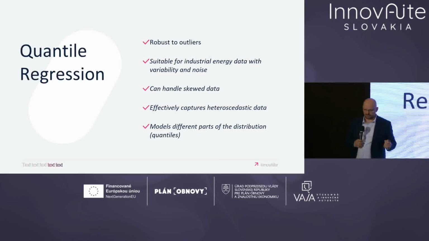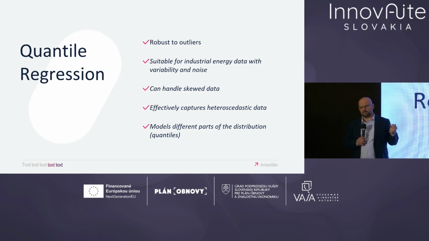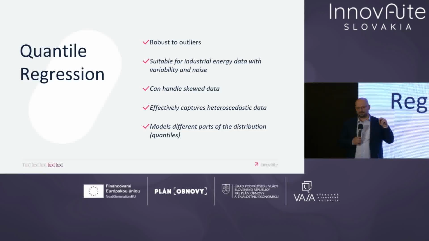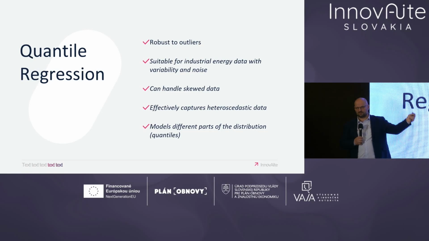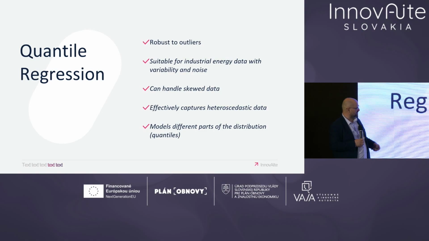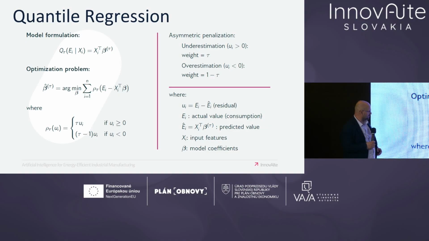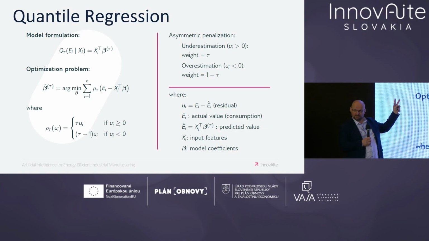When you pick the quantile 10, you say that only 10% of your data are below the regression curve, and you say, okay, I'm being very strict, everything above the curve is an error and inefficiency. Therefore, we picked quantile regression.